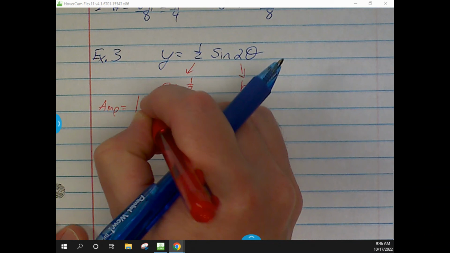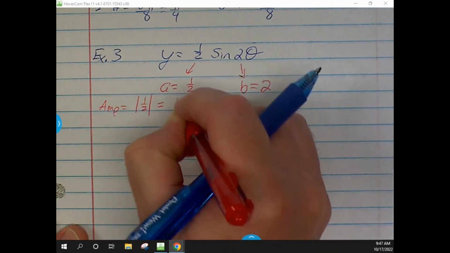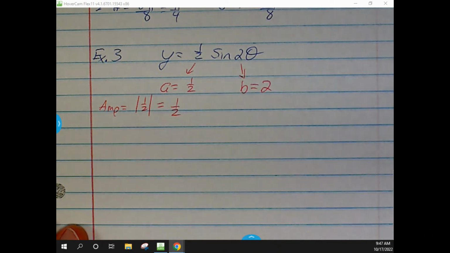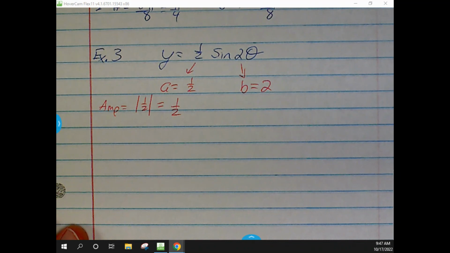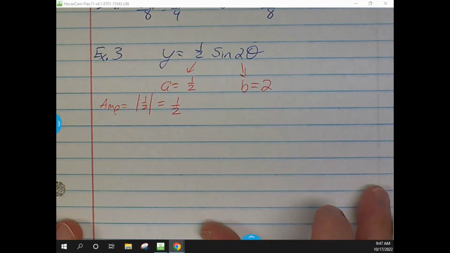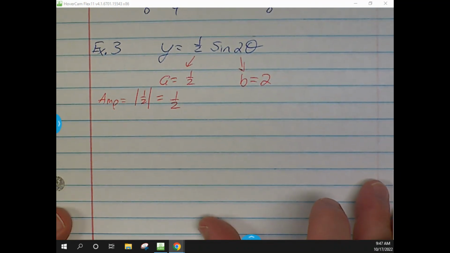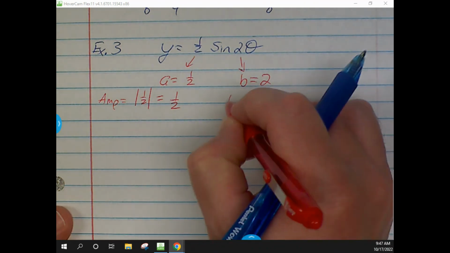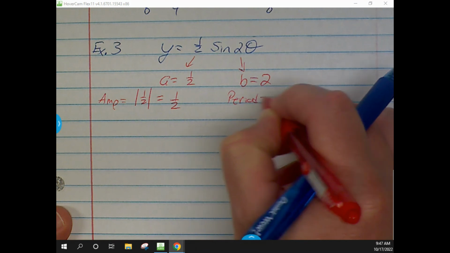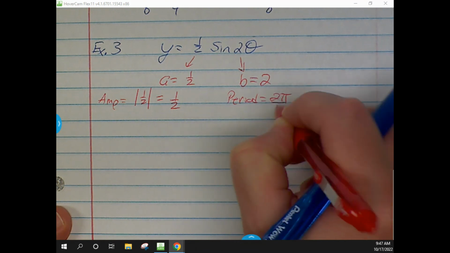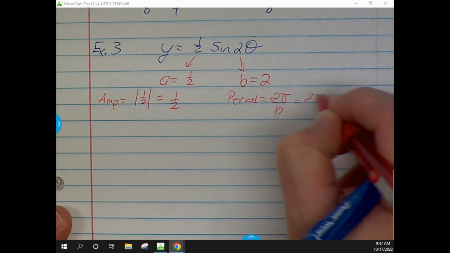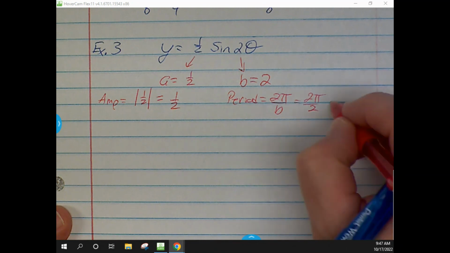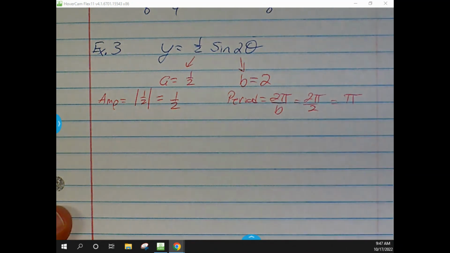It's the absolute value of 1/2, which is just 1/2. You may be saying, well, do we need to worry about the absolute value? We'll do one more here. The next one will actually make it so that you've got to do the absolute value. Our B is 2. And for the period, we need that one because it's 2 pi divided by B, which is 2 pi divided by 2, which works out nicely because it's just pi for the period.